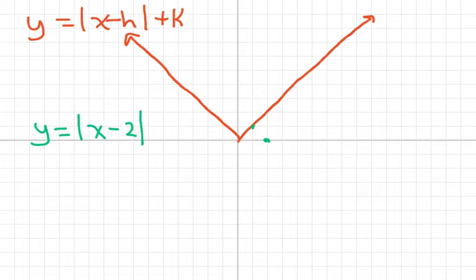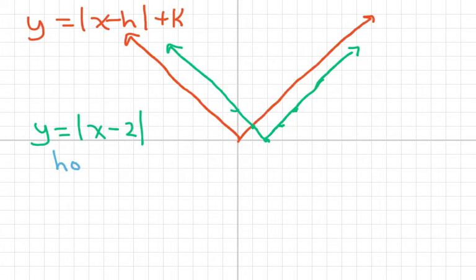And basically, it's pretty easy, and you just kind of draw it. It's really hard to draw on this iPad, so basically I'm shifting everything over by 2. So that's something like that. That's the horizontal shift.